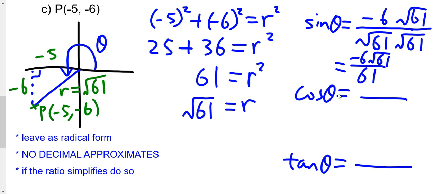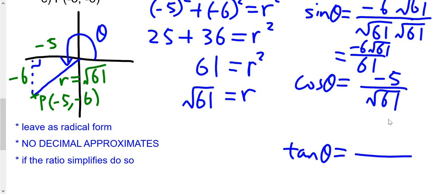Okay, so next let's do cos, adjacent over hypotenuse. This time I'm not going to rationalize the denominator, I'll just leave it like this. If you want to try, you can rationalize the denominator.